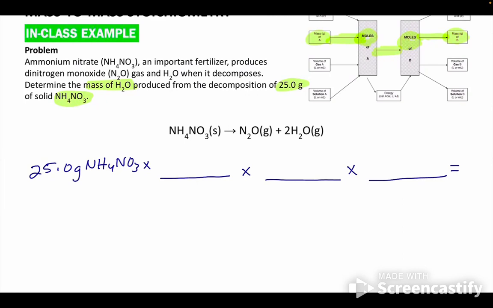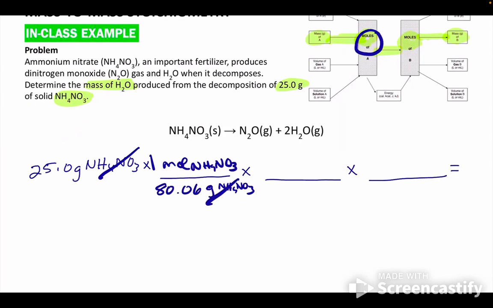So the first one I'm going to use is I need the molar mass of the ammonium nitrate, which I need to quickly do. So I get 80.06 grams of ammonium nitrate for every 1 mole of ammonium nitrate. So that gets me here with my moles.